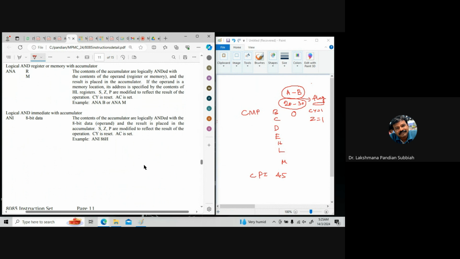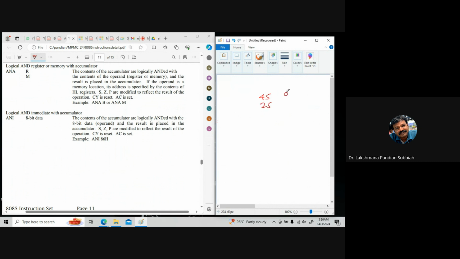The logical AND operation works bitwise: the A register content is something and the B register content is something else. Suppose the A register content is 45 and the B register content is 25. 45 is represented as 0 1 0 0, then 5 is 0 1 0 1, and 25 is 0 0 1 0, then 5. Now the AND operation gives 0 1 0 1 and 0 0 0 0, so we get 05 as the result.